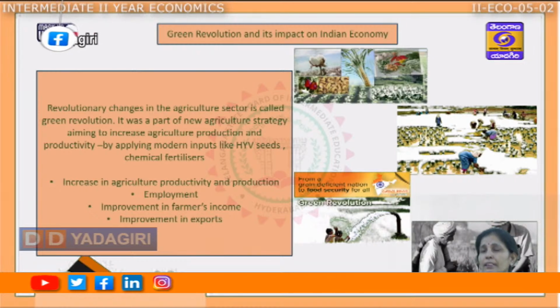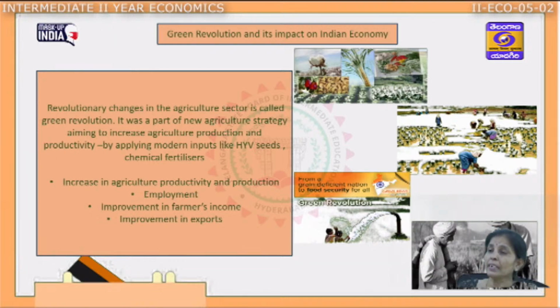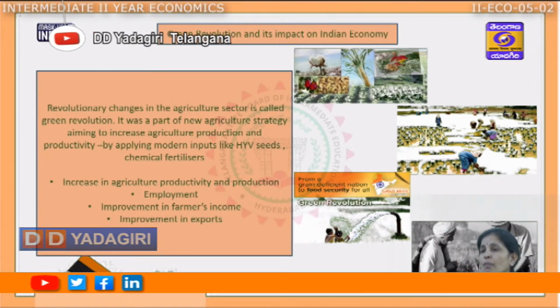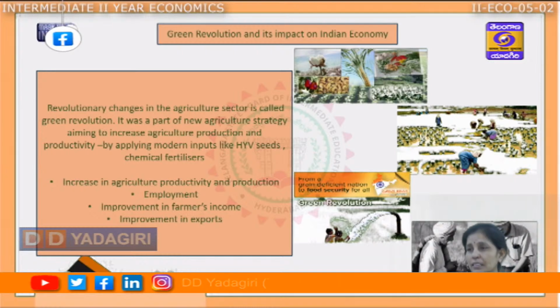The main focus of the green revolution is to increase productivity by applying modern inputs like high yielding variety seeds and fertilizers, and taking care of the agriculture, bringing revolutionary changes in the agriculture sector.